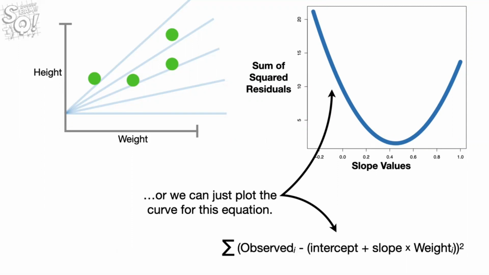And this parabolic curve comes from the fact that what we are plotting is actually the sum of squared residuals, and since we are using this second order polynomial like function, we are getting this parabolic curve.